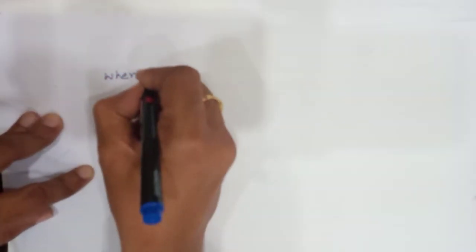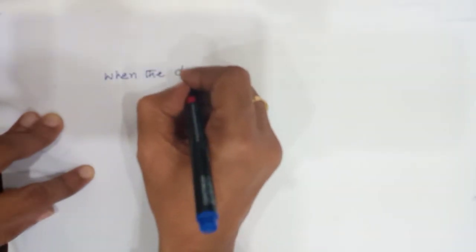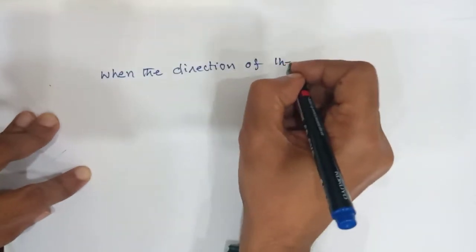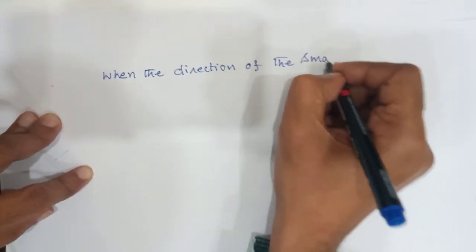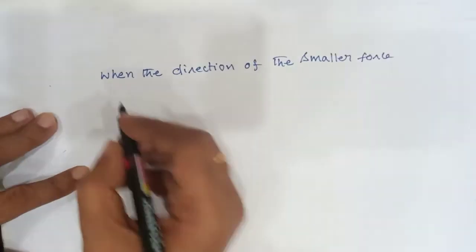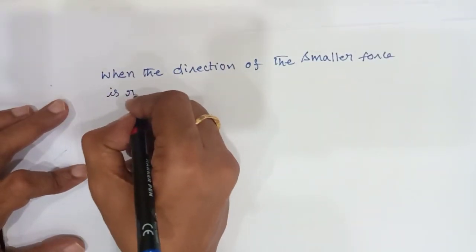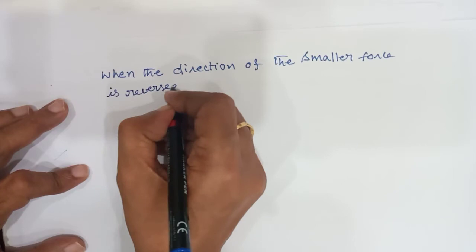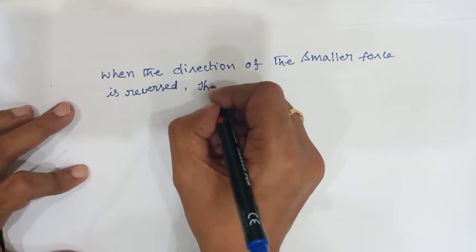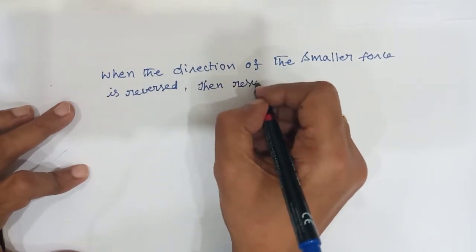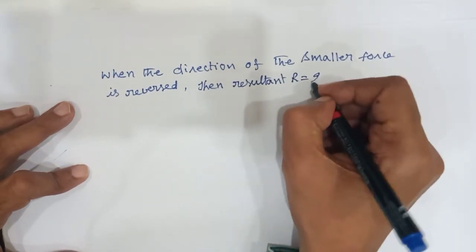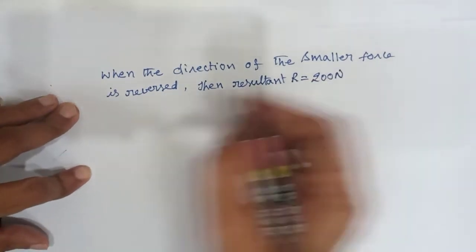When the direction of the smaller force is reversed, then the resultant R is equal to 200 newtons.